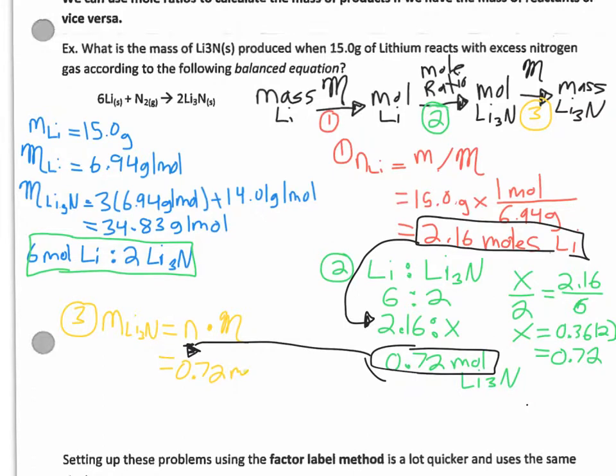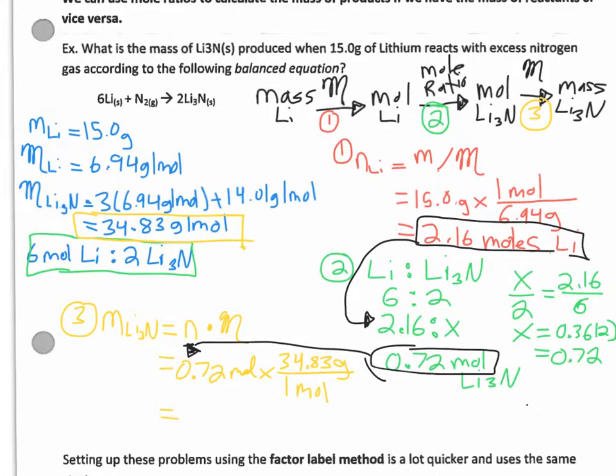We get 0.72 mole, and you could do the factor label method we did up here, and 1 mole, 34.83 grams. So we've used this number right here.